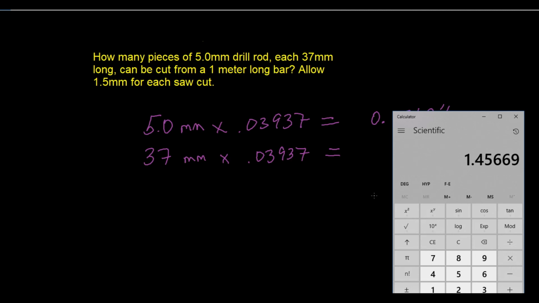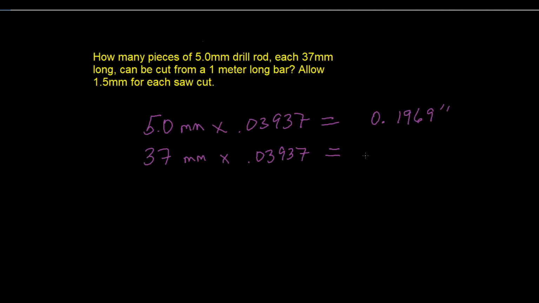Since this is in inches, we could round that up to 1.457, or 1.4567 possibly if you're going to go into 10,000ths of an inch. So 37 millimeters equals 1.4567 inches, if we're going to go 4 decimal places out.